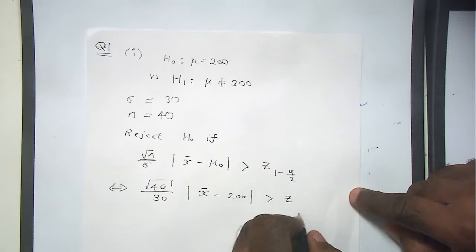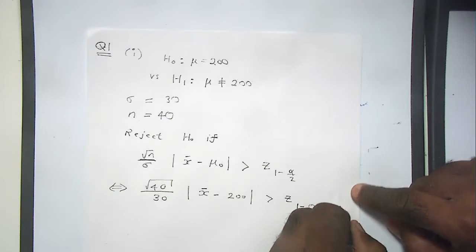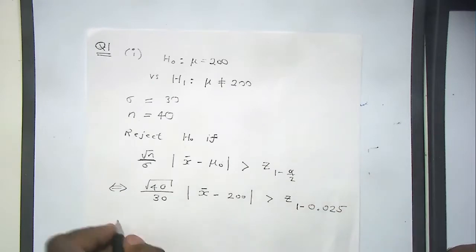If you take alpha to be 0.05, this will be 1 minus 0.025, right?